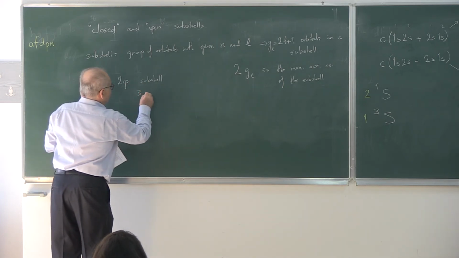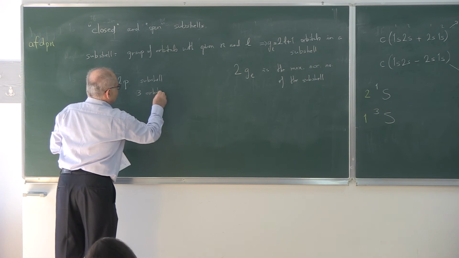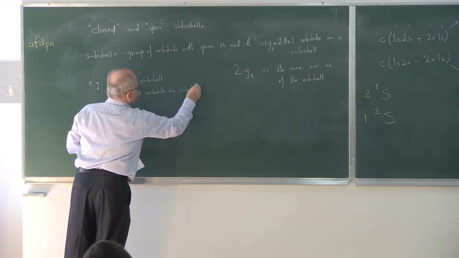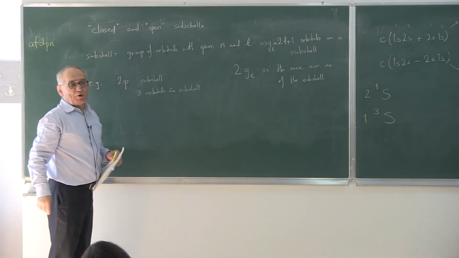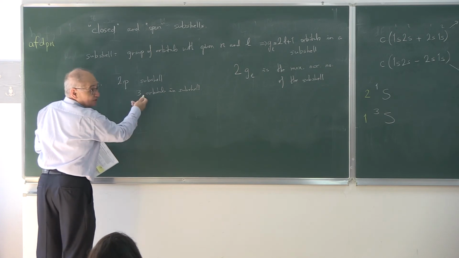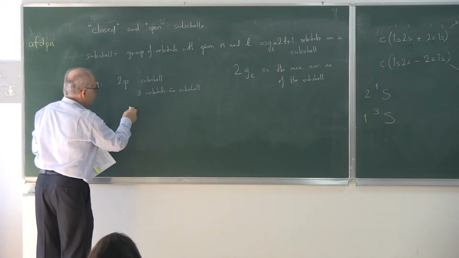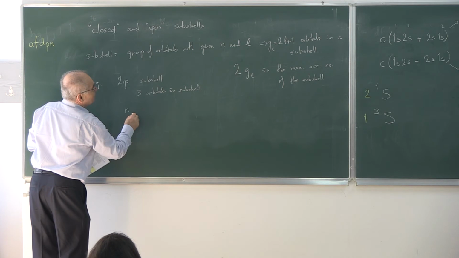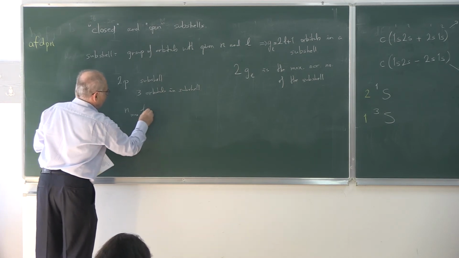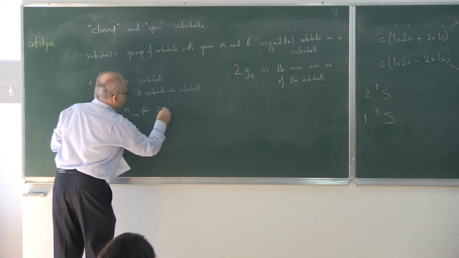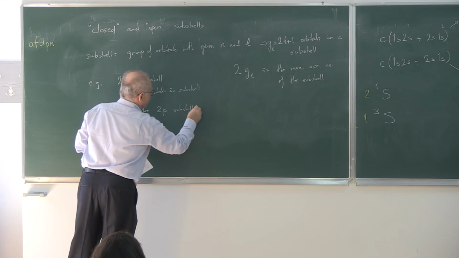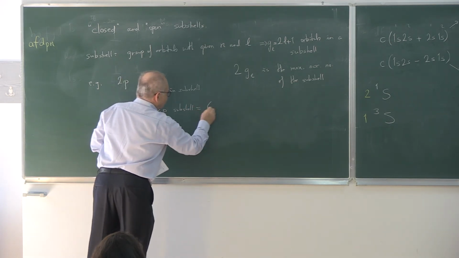There are 3 orbitals in the subshell. The maximum occupation number of a 2p subshell is 2 times this number. So we may write N max for the 2p subshell is 6.